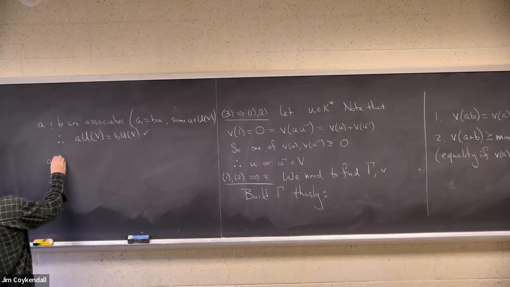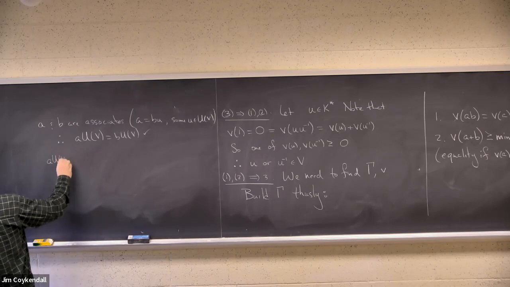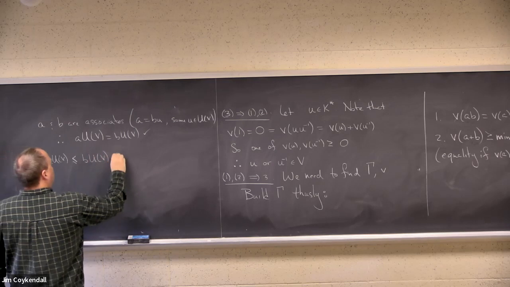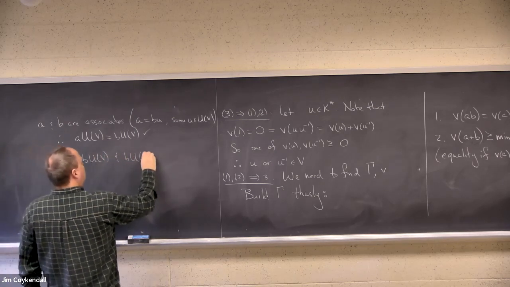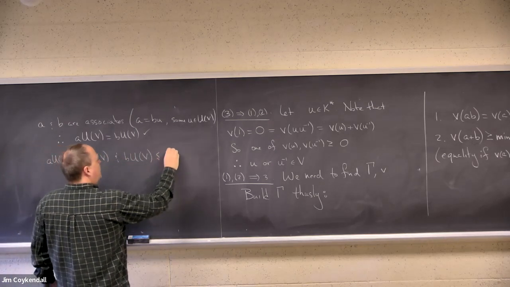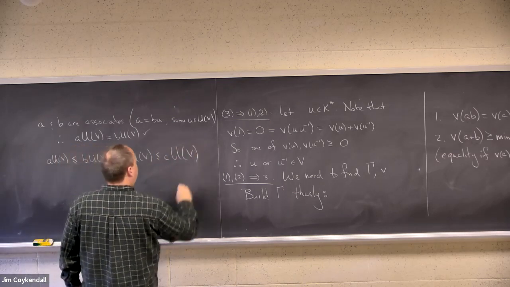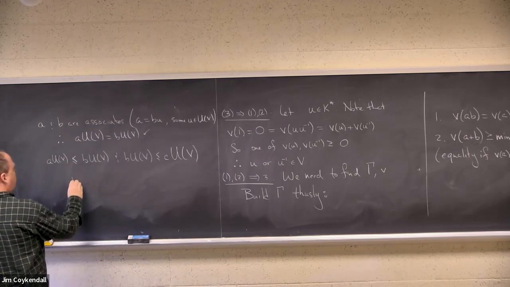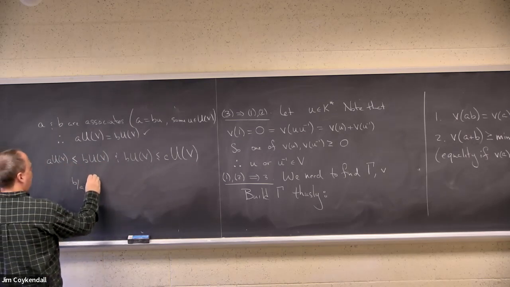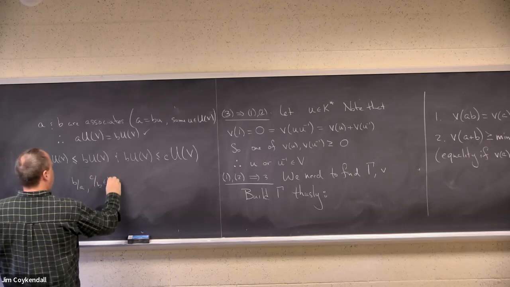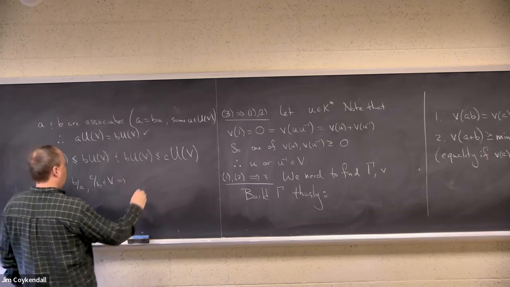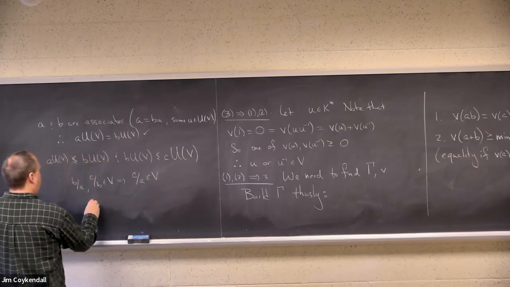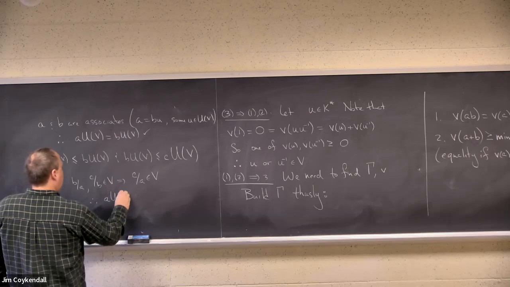So if A divides B, and B divides C, this means that B over A and C over B are in the ring, so C over A is in the ring. Therefore, A divides C.